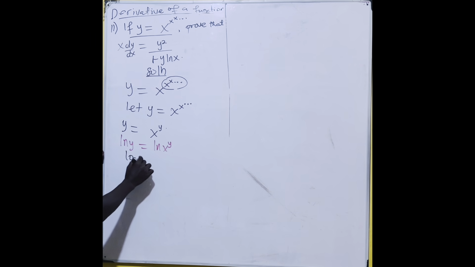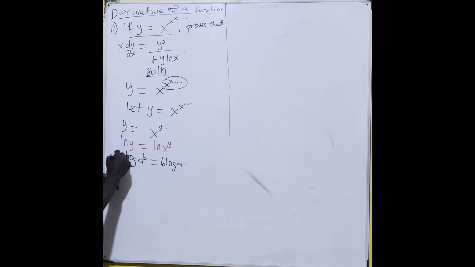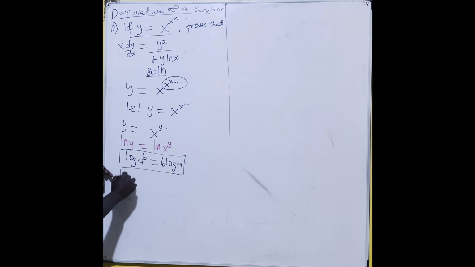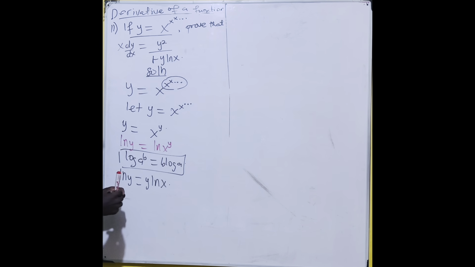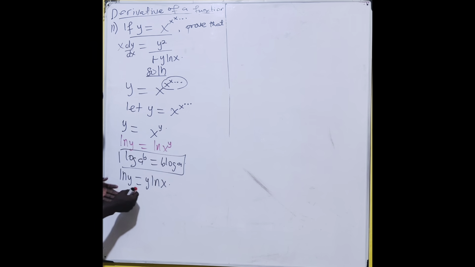The log property says that log a to the b is equal to b log a. So we're going to use this property to drop this y. So you have ln y is equal to y ln x. Very interesting.